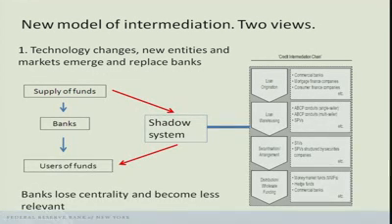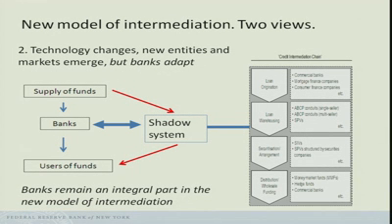The traditional entities, the banks, the regulated intermediaries, lose centrality. They become less important. Okay? And therefore, we also lose regulatory oversight of financial intermediation, hence a problem for financial stability. There is an alternative view, which is not necessarily alternative, it's a complementary view. I don't find this as being conflictual with one another.